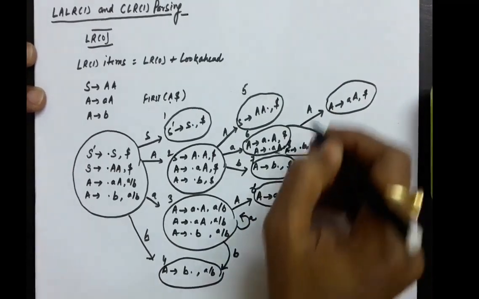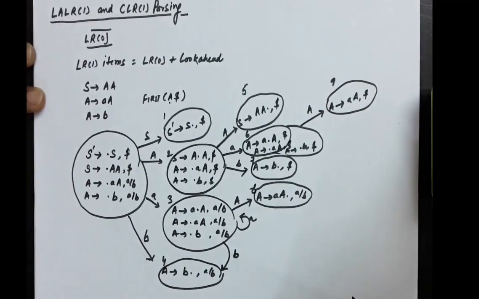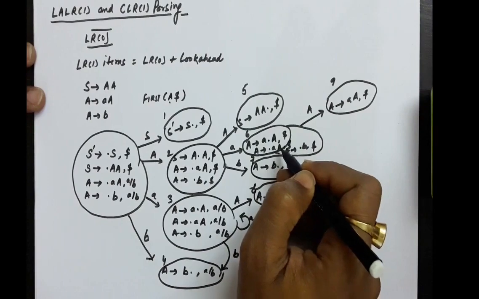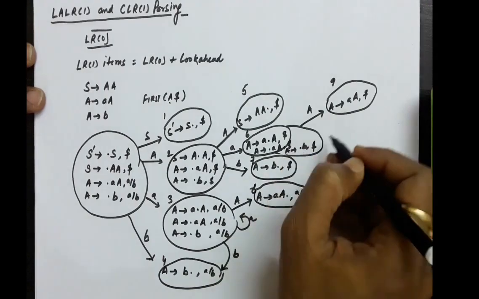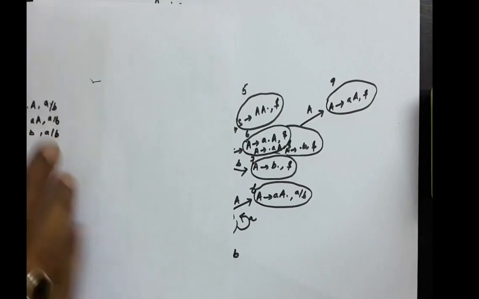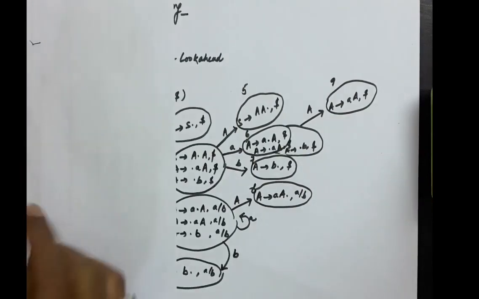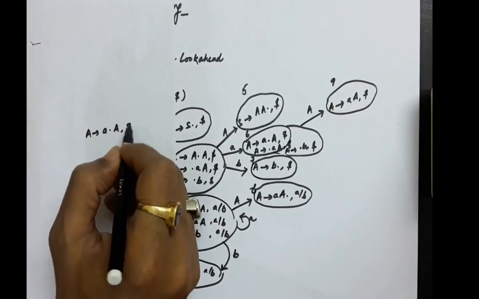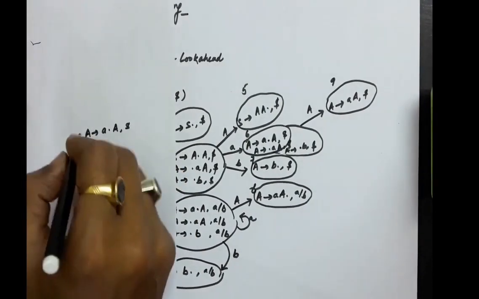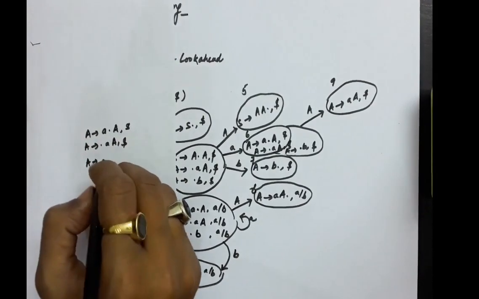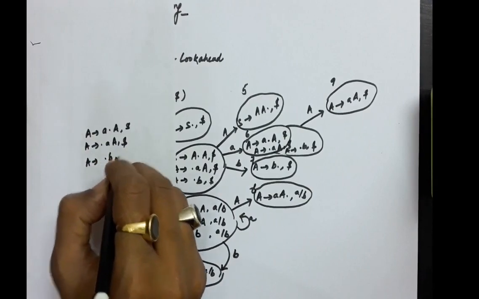Okay, so let's say this is the 8th state, so this will be 9th state. On small a, if you shift this dot, then you will be writing the productions like A produces small a dot capital A with the dollar, and A produces dot A small a with the dollar, A produces dot B with the dollar.